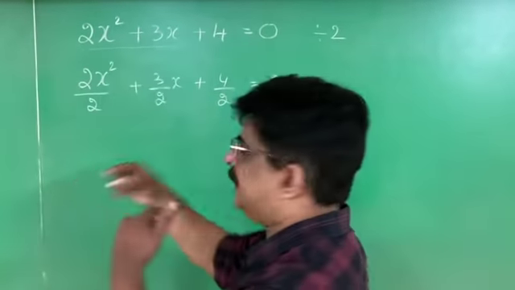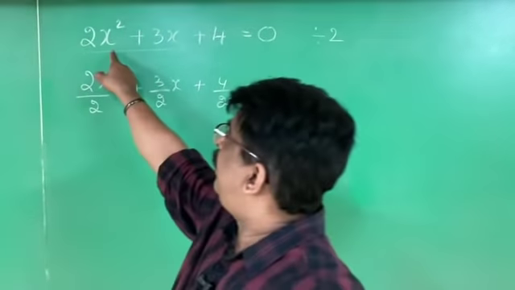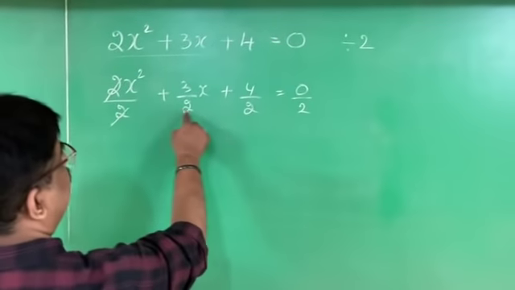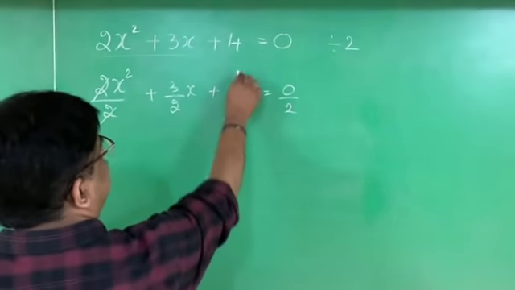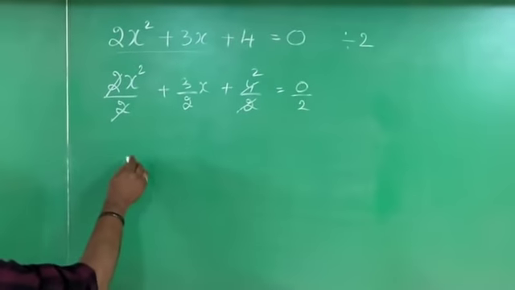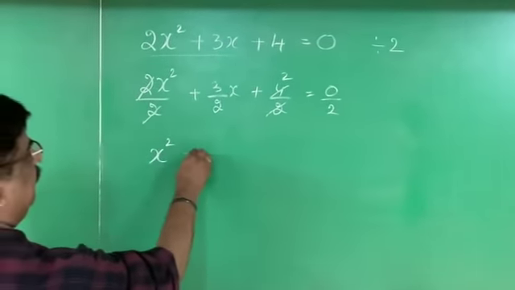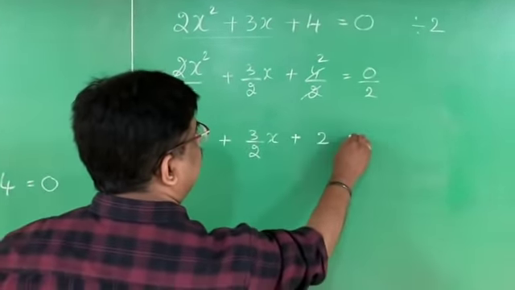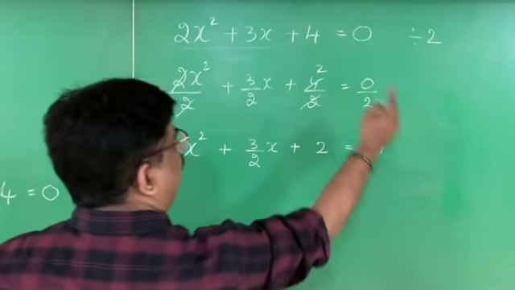Then I cancel this, and 0 by 2 will become 0. Then the equation becomes x square plus 3 by 2x plus 2 is equal to 0.